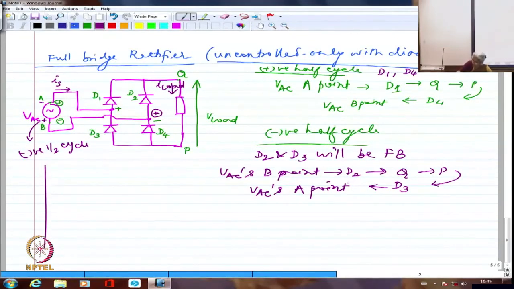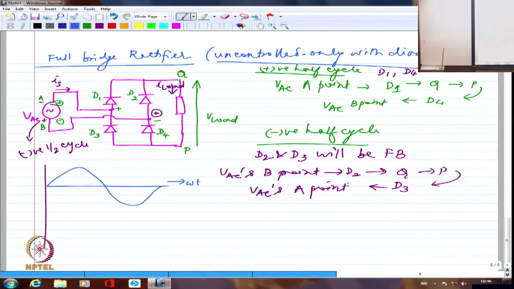And I am assuming that the two diodes are having hardly any drop. Please note two diodes are conducting in this case, which is definitely going to give me more drop than the previous center tapped case. Center tapped case will not have this much drop, whereas here I will have 2 times 0.7 volts, definitely.